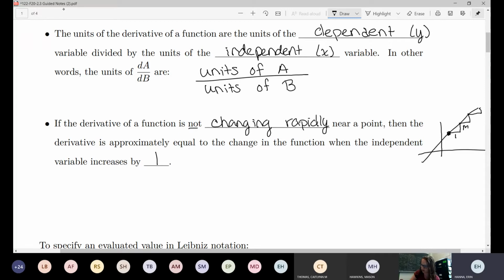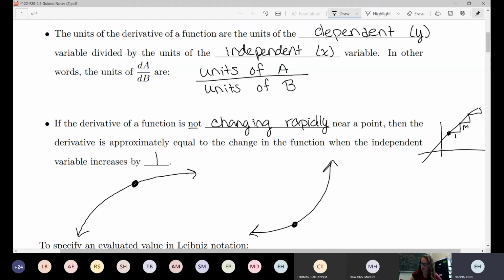So what do I mean by changing rapidly? I have two functions. I have one that looks like this, and then one that looks like that. And say I wanted to look at this point here and this point here.